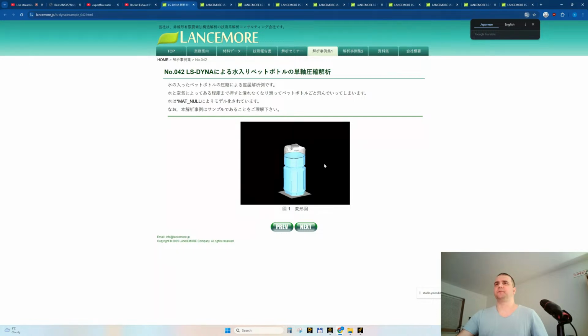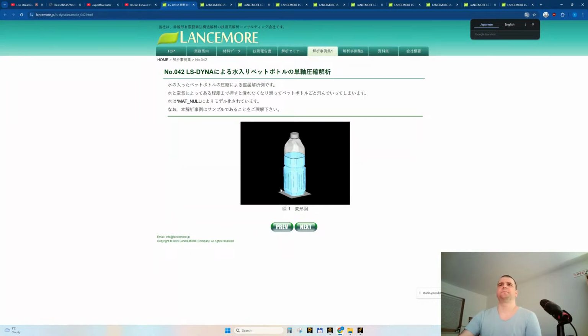Let's see. So they are pressing. I was wondering if there will be a pressure due to the air. So the air is compressed due to the crumpling of the bottle.